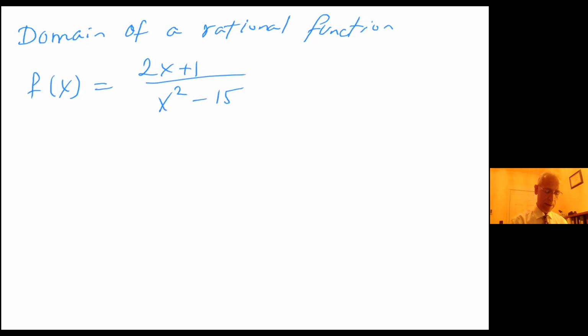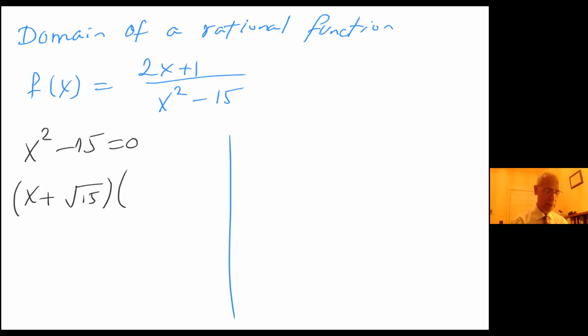Well, just very similar. The first one, you can say, okay, x squared minus 15 equals 0, and factor that to (x plus square root of 15) times (x minus square root of 15), and set that equal to 0.